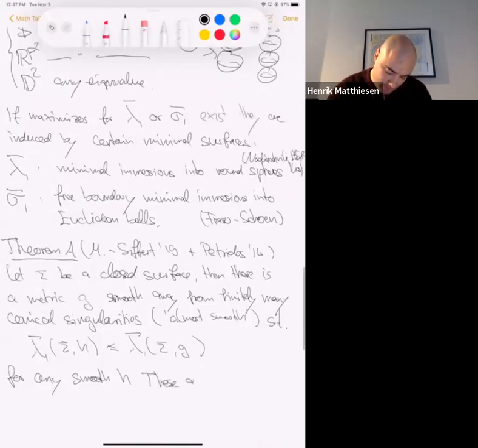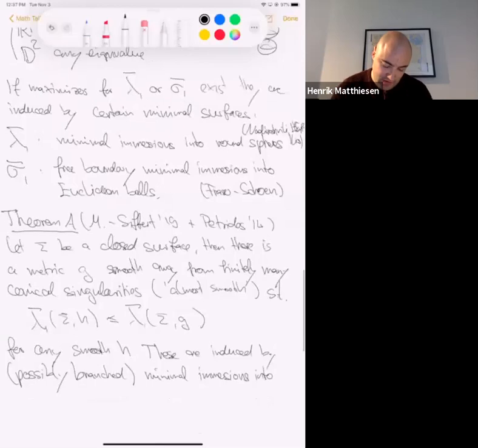So these are induced by, possibly branched, minimal immersions into spheres.